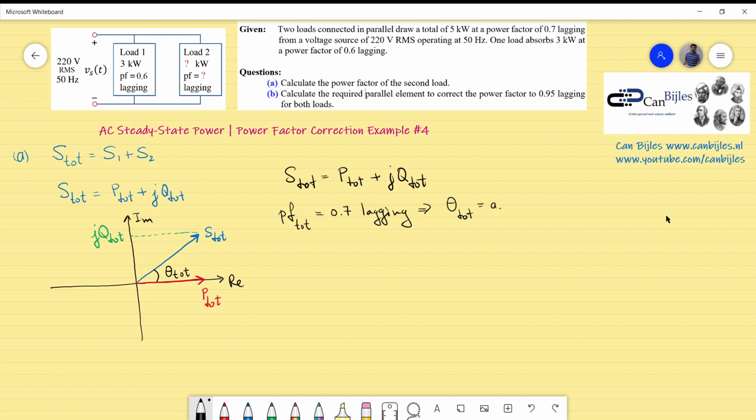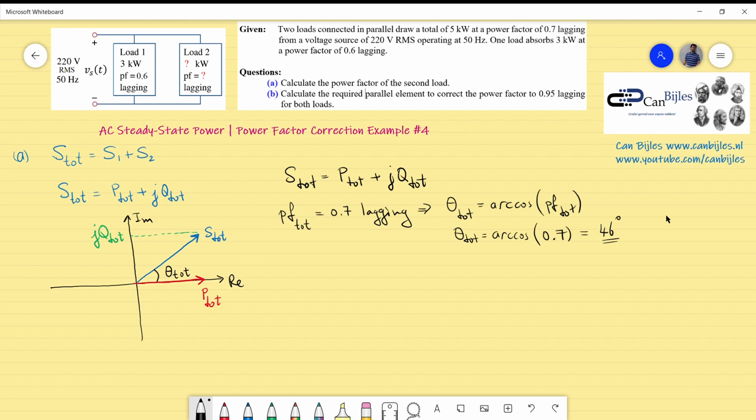So I have arccosine of 0.7, which is approximately 46 degrees. It's a little bit less, 45.6, but let's round it off at 46 degrees.